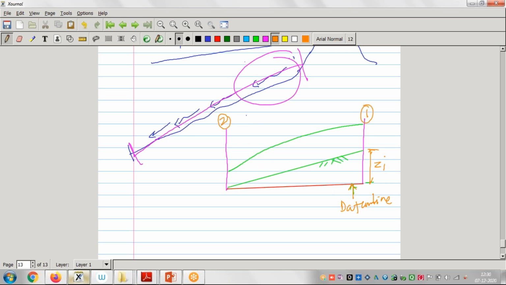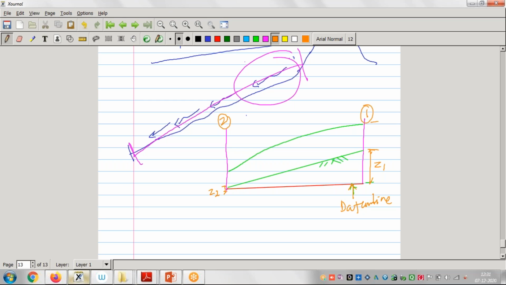Z1 is what? Potential head. Similarly, here I consider it is very small, Z2 from the reference datum line. This distance is Z2, the bed of the river at section 2 to the datum line is Z2.